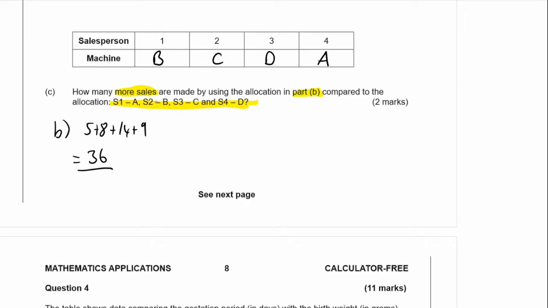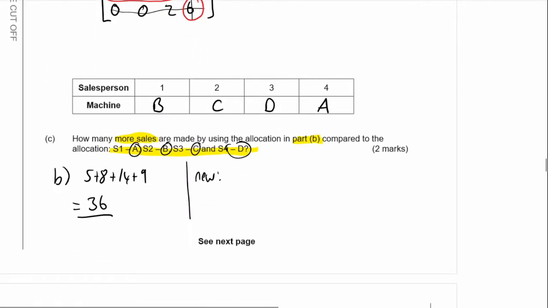Now we have to work out this allocation, and it looks like it's just going along the lead diagonal, so A, B, C, and then D. So let's work out the new one. A, B, C, D gives us 4, 4, 6, 3, because we're just looking along the lead diagonal over there. So 4, 4, 6, 3.